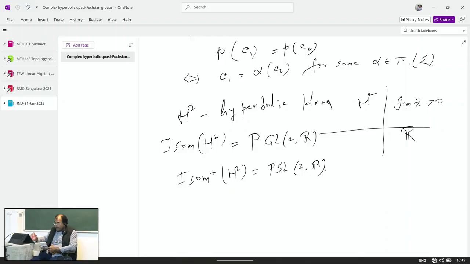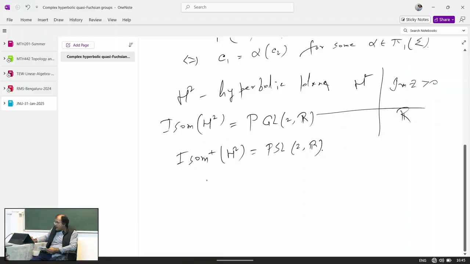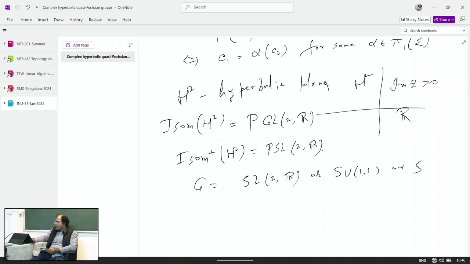Okay. So now I consider G to be, let's look at only the orientation preserving component. Consider G to be SL2R, the matrix group, or SU(1,1), or SO(2,1).